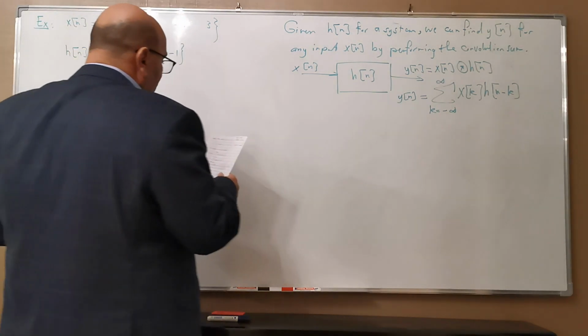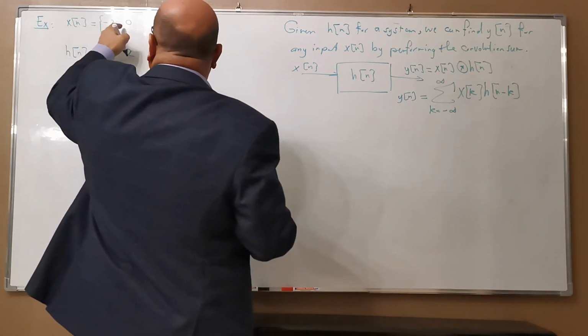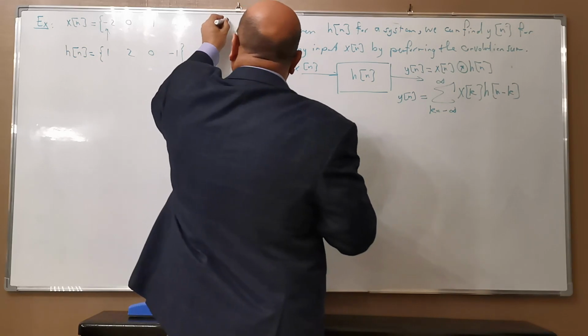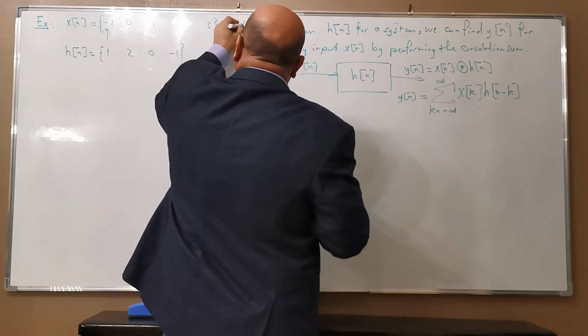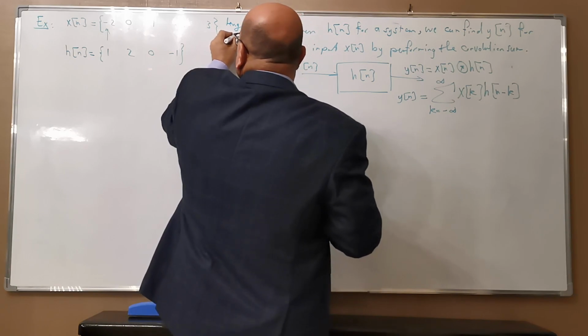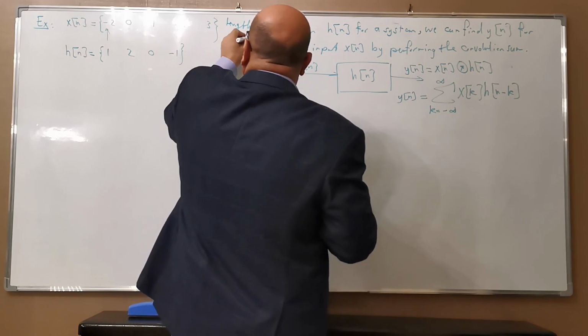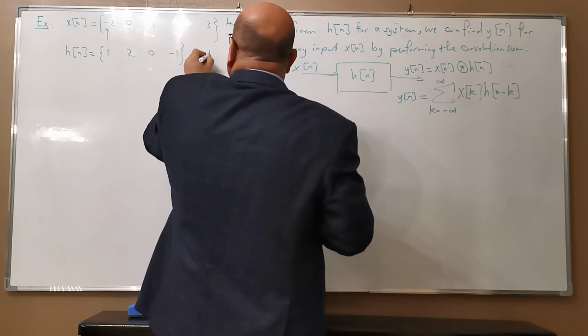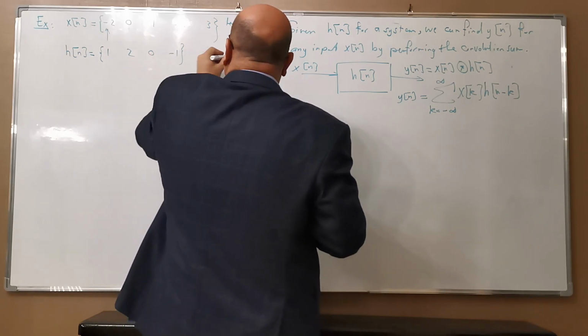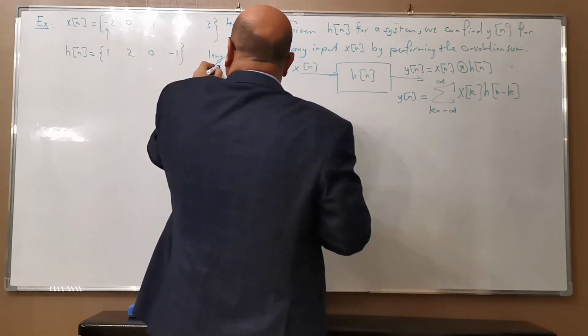Okay, so this one is 1, 2, 3, 4, 5. It's a length 5 signal or sequence. And this one is 1, 2, 3, 4, a length 4 sequence.